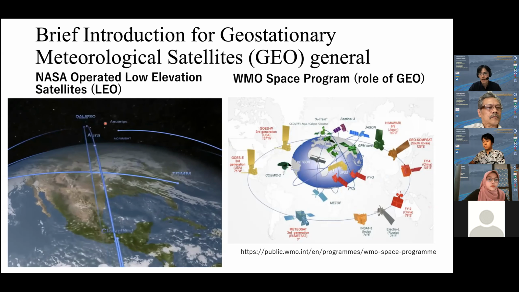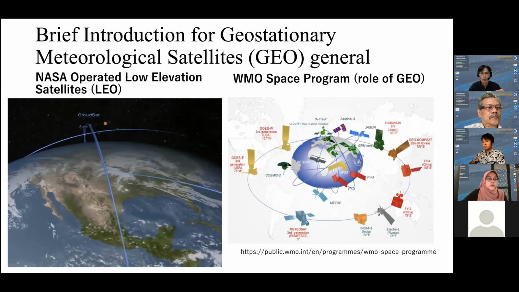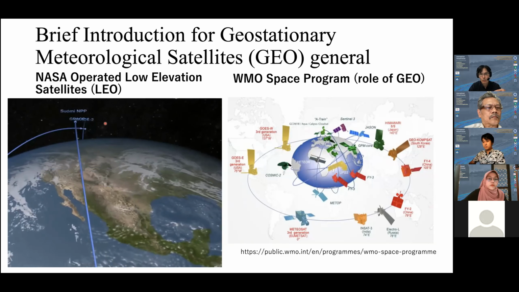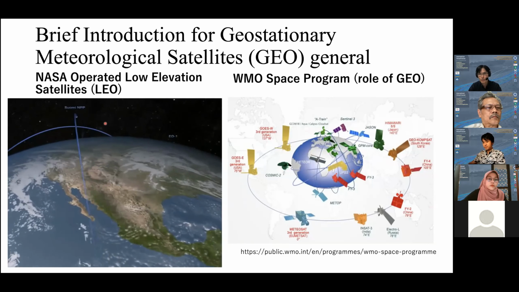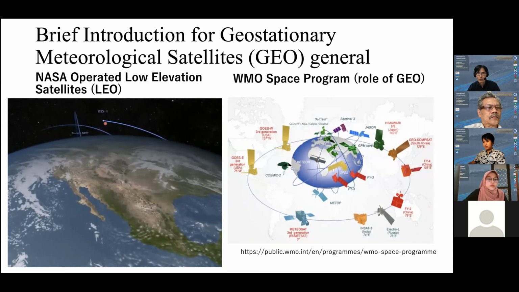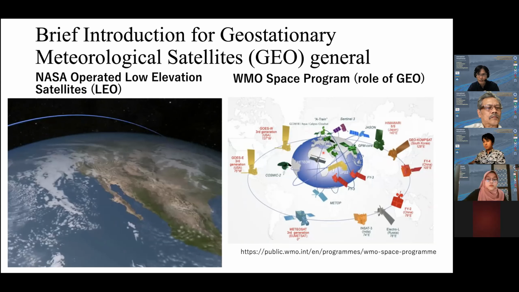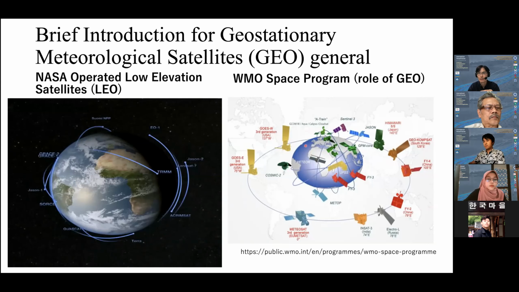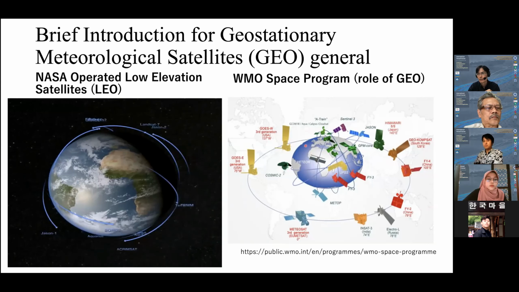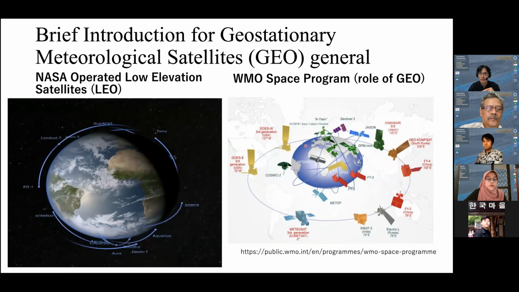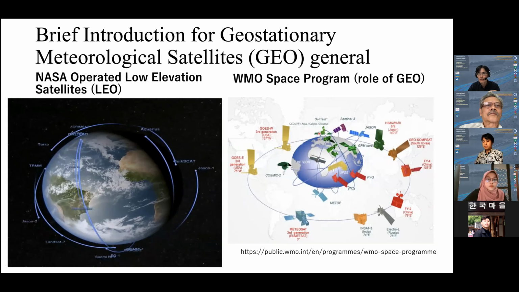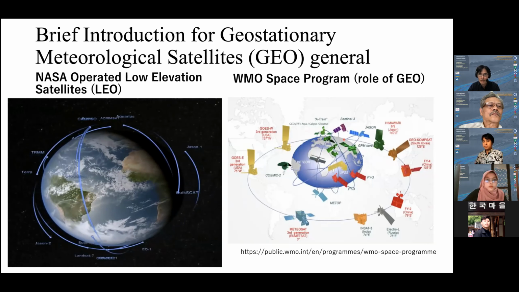On the other hand, another kind of satellite can also capture the Earth's face. The left picture shows two kinds of satellites. One is the polar orbiting satellite system, which is very famous. The other is a low orbit satellite surrounding the Earth.